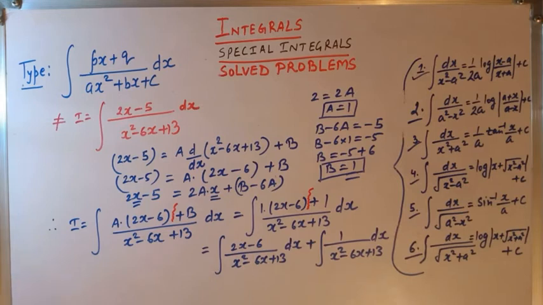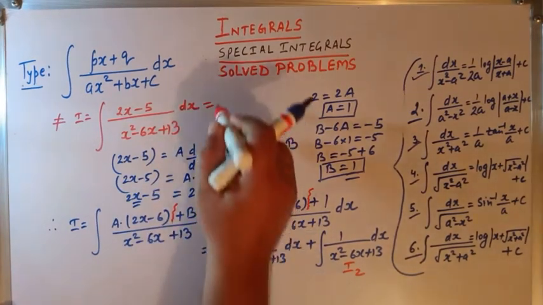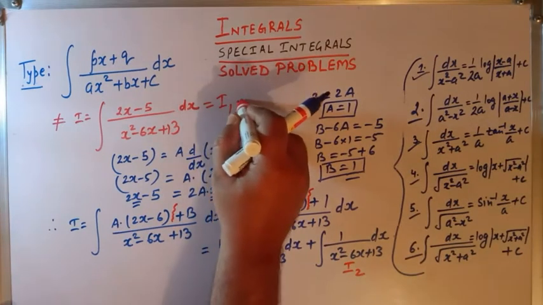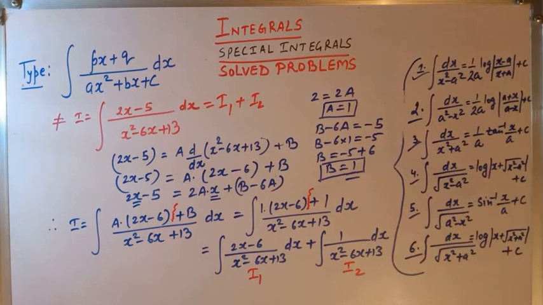Okay, now viewers, here we have two integrals. This is I1, let us say this is I2. Clear? Now this integral I is equal to the sum of these two integrals, and let us calculate the values of I1 and I2 separately.